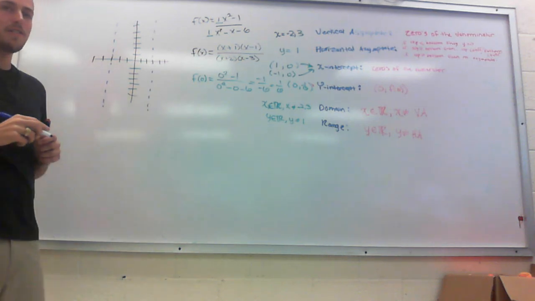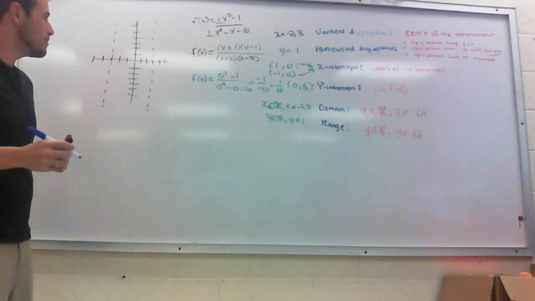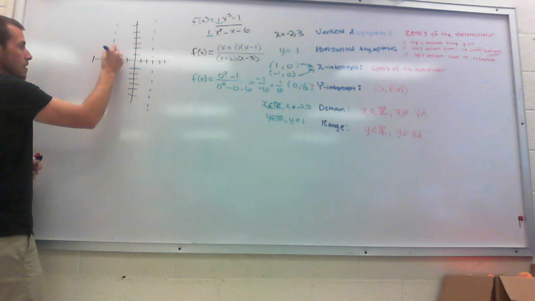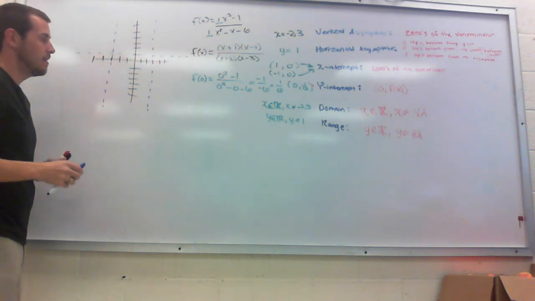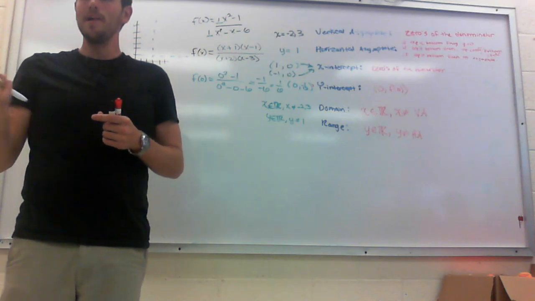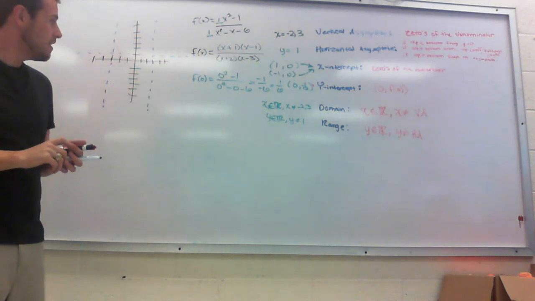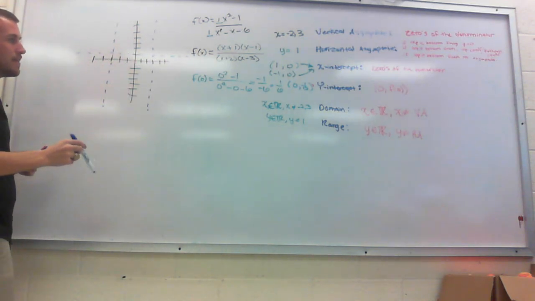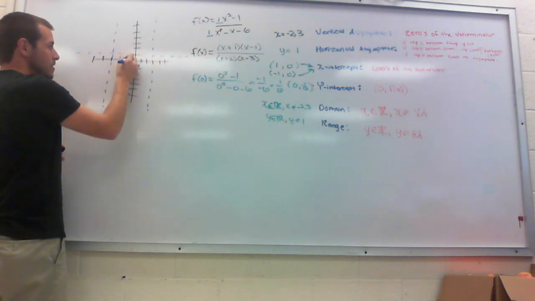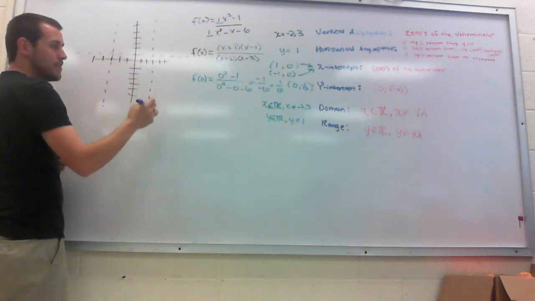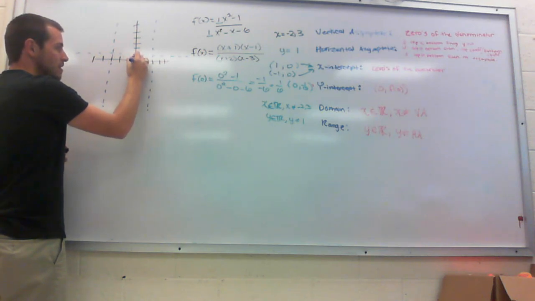And I know I have a horizontal asymptote at y equals 1. From here, I'll go ahead and put my intercepts in. Let's see, I have an x-intercept at (1, 0) and at (-1, 0). And I have a y-intercept at (0, 1/6).